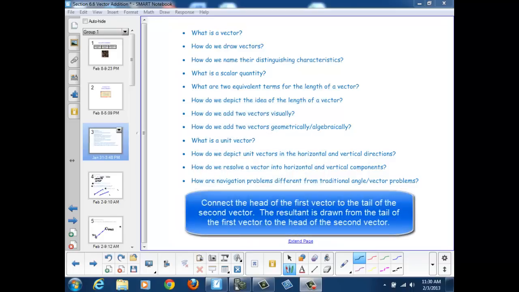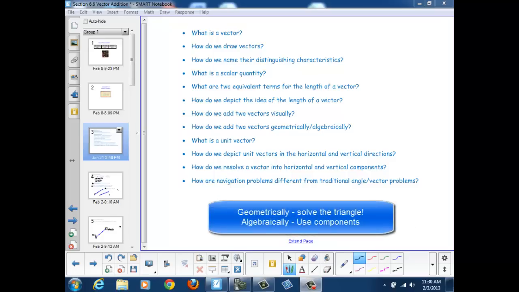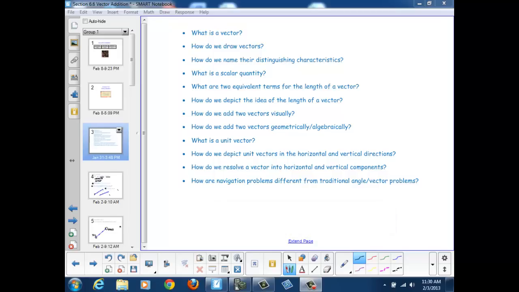We connect the head of the first vector to the tail of the second vector in the sum. How do we add two vectors geometrically or algebraically? Well, after we've connected them, we've created a triangle, and we're solving for the third side of the triangle and the angle associated with it.